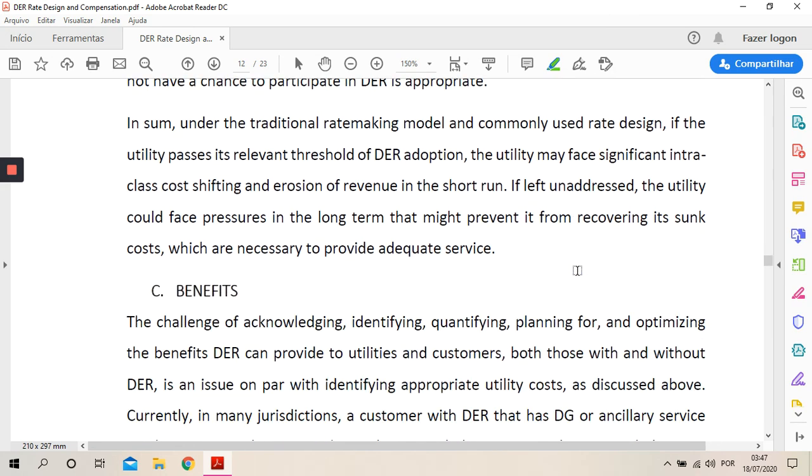In sum, under the traditional rate-making model and commonly used rate design, if the utility passes the relevant threshold of adoption, the utility may face significant intra-class cost shifting and erosion of revenue in the short run. If left unaddressed, the utility could face pressures in the long term that might prevent it from recovering its sunk costs, which are necessary to provide adequate service.